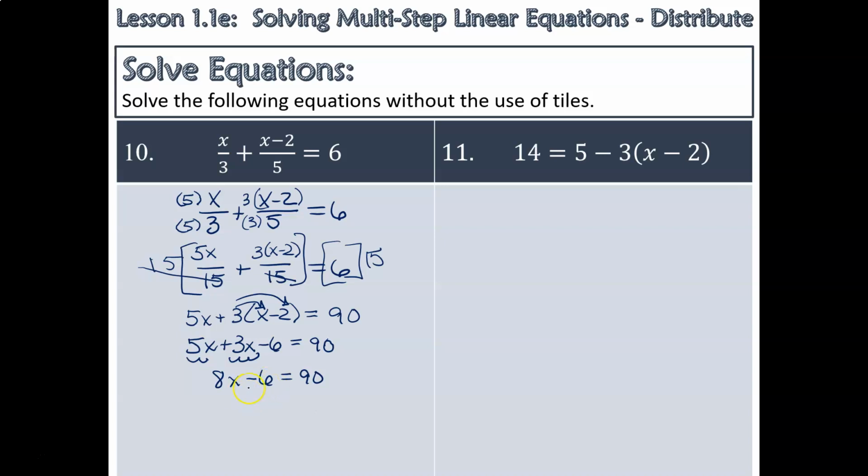Now we undo addition and subtraction. We have minus 6, so we're going to add 6. So I have 8x equals 96. So now I'm going to divide each side by 8, and that gives you x equals 12.